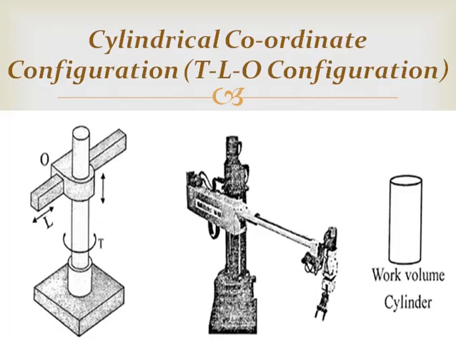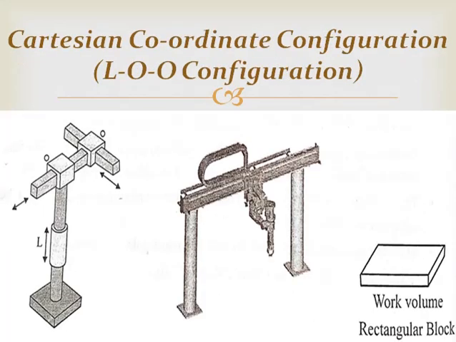Now we will discuss another type, that is the Cartesian coordinate configuration system. This Cartesian coordinate configuration system, you can also consider it as an LOO configuration system.